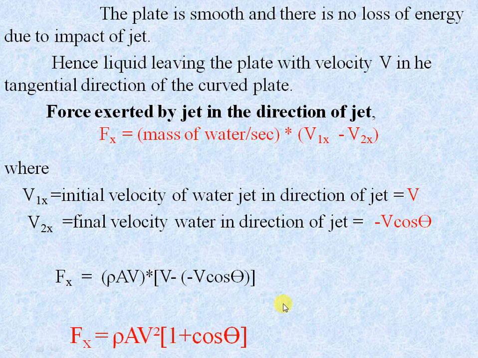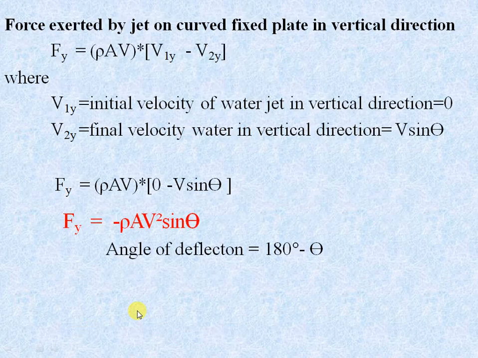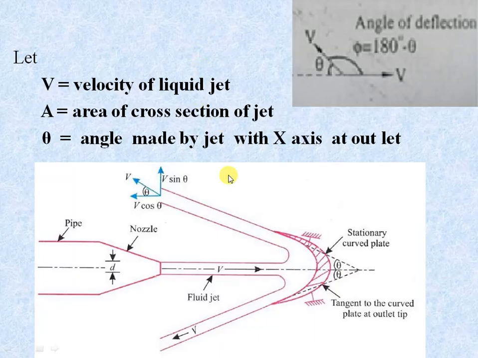Similarly, we can calculate Fy, the force exerted by the jet on the curved fixed plate in the vertical direction. The formula is the same. The impulse momentum equation is F is equal to m dot (v1 minus v2). Now in this case, there is no initial velocity along the y direction. The velocity, 100% velocity, is coming along the x direction only.